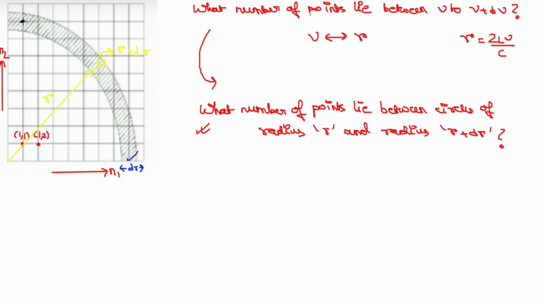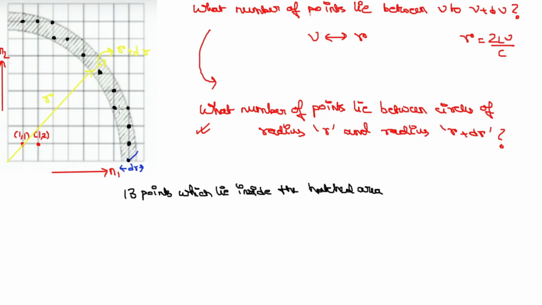This is point number 1, this is point number 2, this is point number 3, point number 4, this is point number 5, this is point number 6, this is point number 7, this is point number 8, this is point number 9, this is point number 10, this is point number 11, this is point number 12 here, and I've missed a point here, this is point number 13. So there are a total of 13 points which lie inside the hatched area.